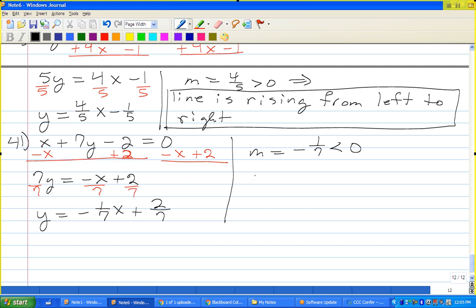Therefore, the line is falling from left to right.